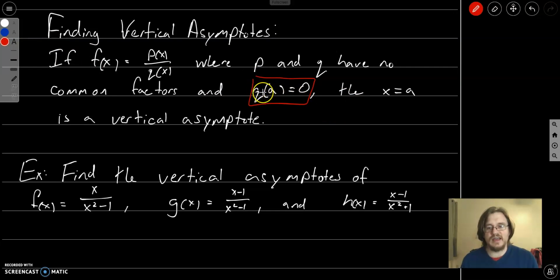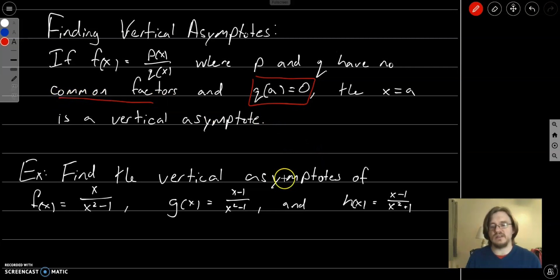So as you get close to a, if you were to actually plug a into your function and we see that we're dividing by 0, this is a strong indication that it's a vertical asymptote, but it's not quite enough. The other thing that you need to check is that P and Q can't have any common factors.